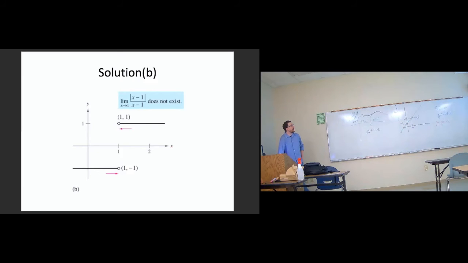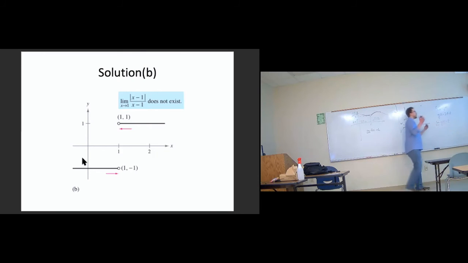In this case, we have the limit as x approaches 1 of the absolute value of x minus 1 over x minus 1. And we say the limit doesn't exist here because when we approach 1 from the left, we get close to negative 1. When we approach 1 from the right, we get close to 1. So these two terms aren't in agreement, right?